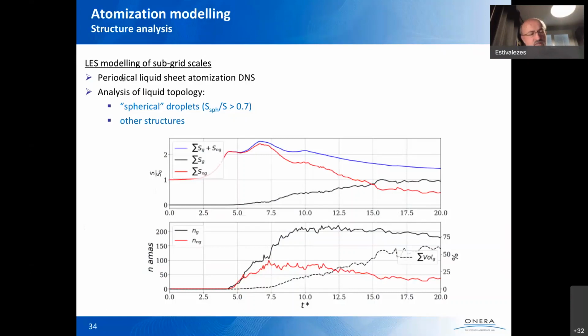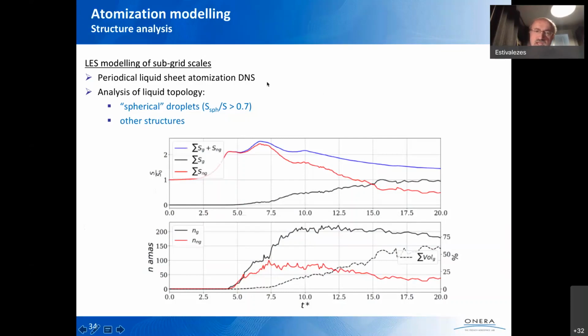I can explain: if I pick a droplet at a certain time, at a certain position in the numerical domain, I can go back and say this droplet came from this ligament at this time, and so on.